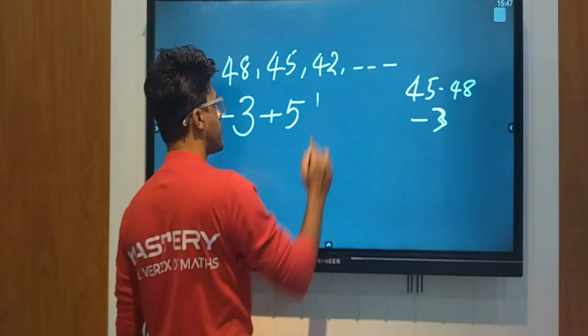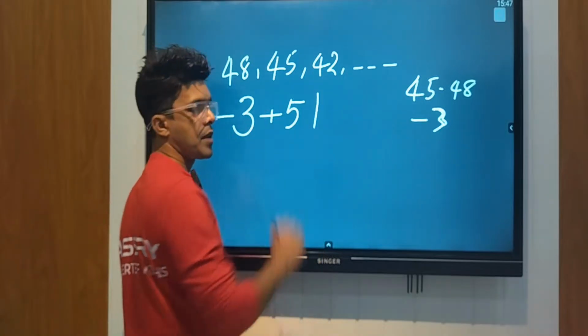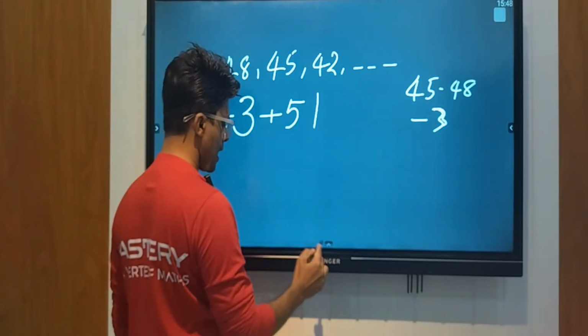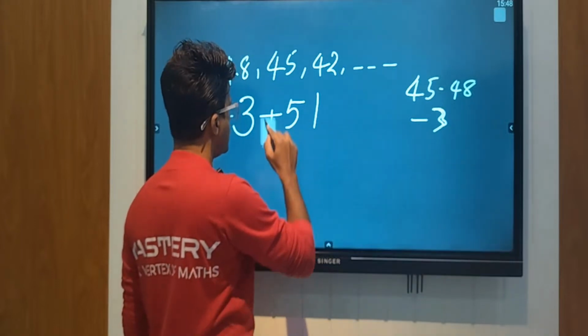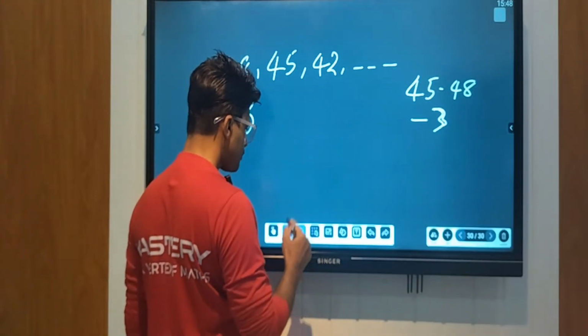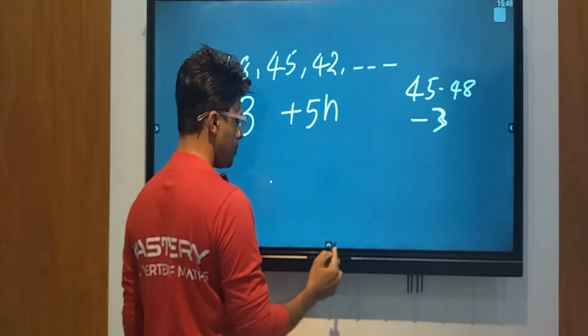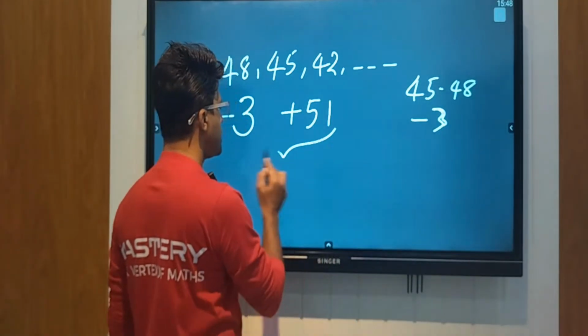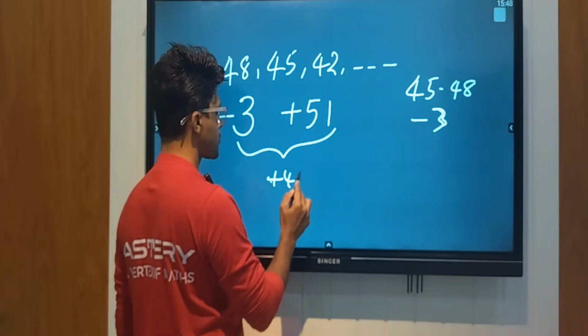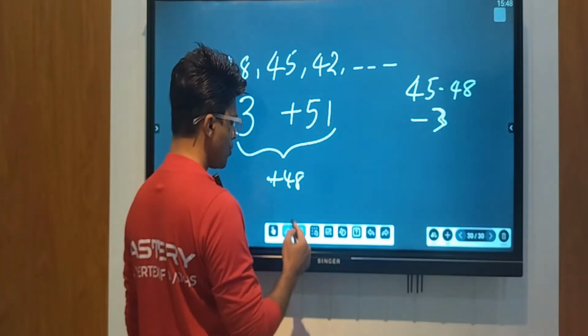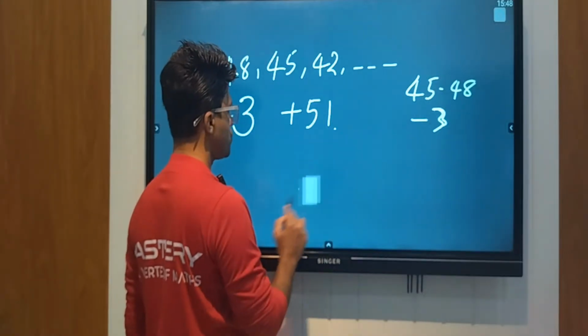Really this should be 51. Minus 3 plus 51 is 48. When you simplify these two, you get 48. So that's the reason for writing plus 51.